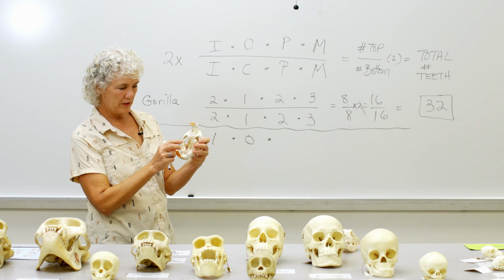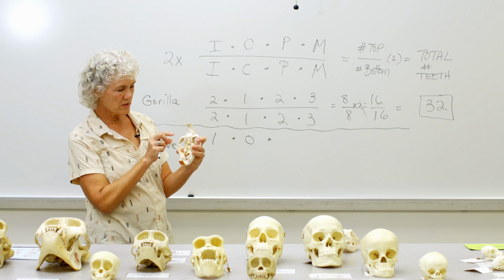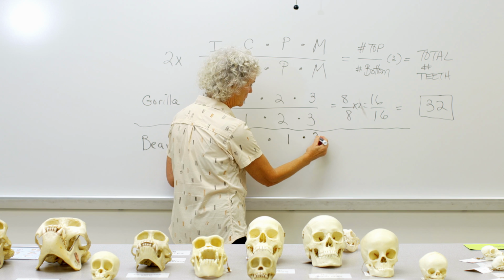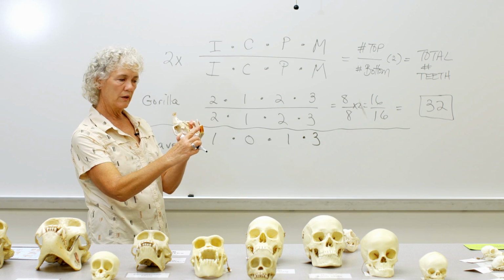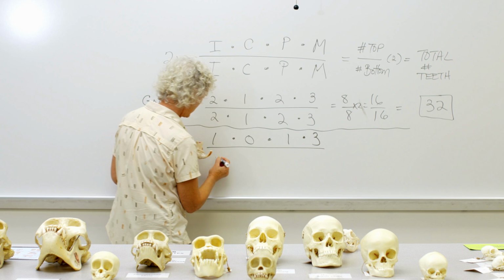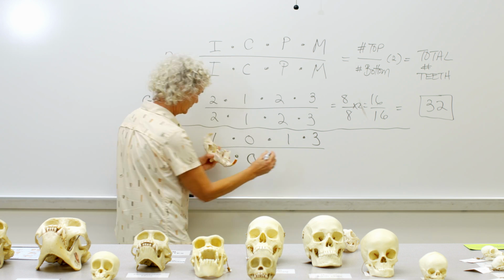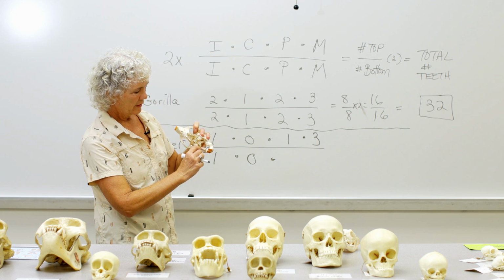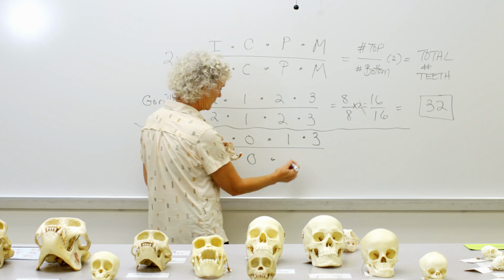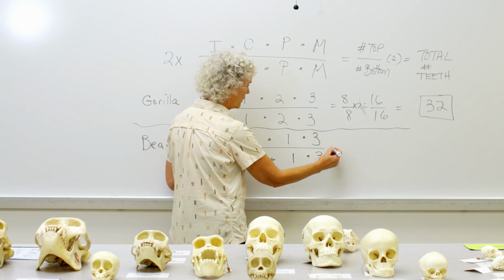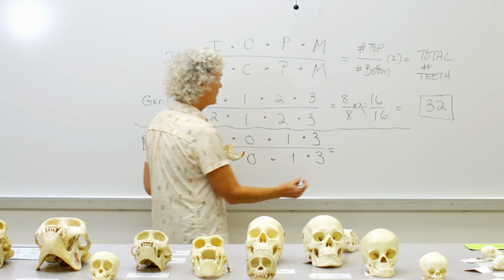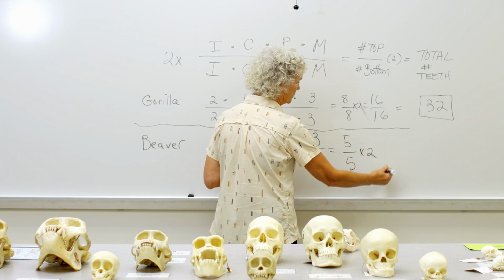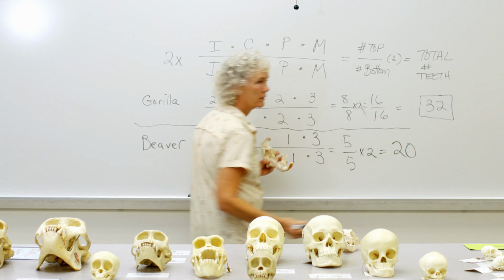And then if you look at the premolars and molars, hard to tell apart, but I'm guessing 1 and 3. Likewise, 1 on the bottom, 0, and it looks like 1 and 3 again. Okay, so that gives you 5 over 5 times 2 equals a total of 20.